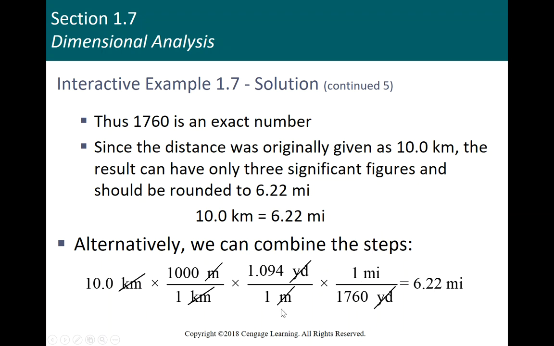And then you're going to divide that by all the numbers on the bottom times each other. If you want to do this in one step in your calculator, you're going to want to get in the habit of taking everything on the top times each other. 10 times 1,000 times 1.094 times 1 divided by, and then open a set of parentheses and take 1 times 1760, close your parentheses, because order of operations generally will mess that up.